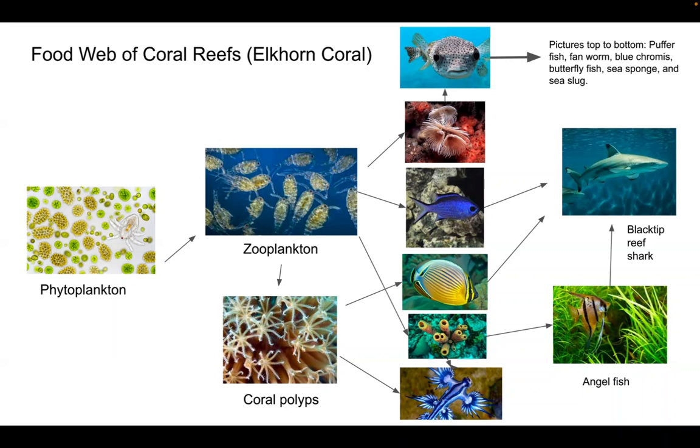Elkhorn coral get food from photosynthetic algae that lives inside the coral cells. They also feed by capturing plankton with their polyps' tentacles.